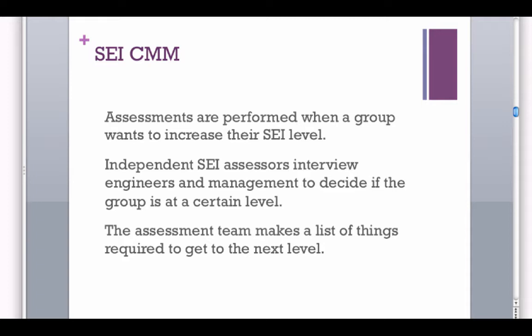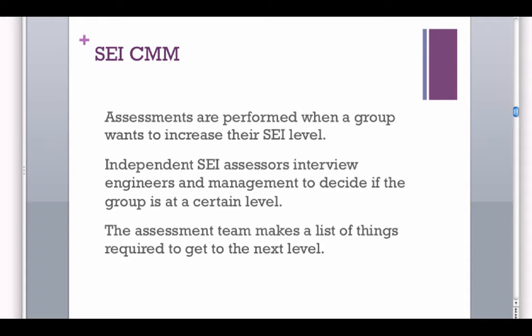This can be somebody from your company who got some formal training about how to assess a team. And usually that person would not be directly related to your group, meaning they might be a manager in a different group, and they're going to come into your group and act as this independent person.